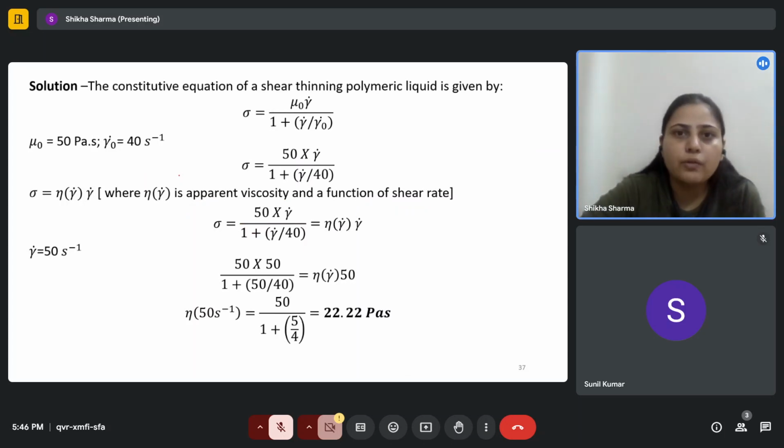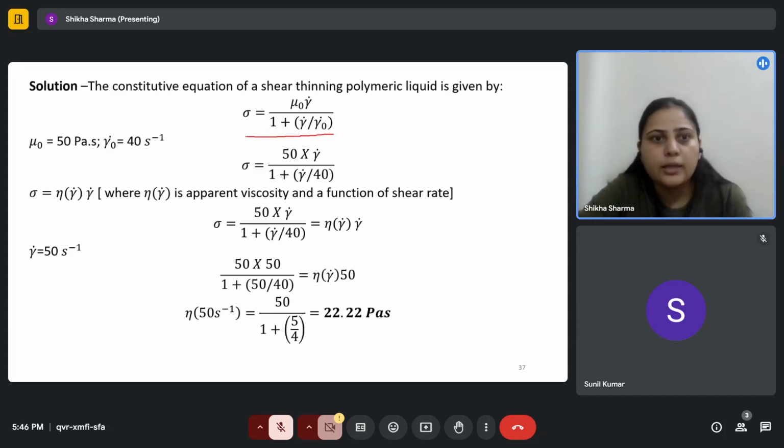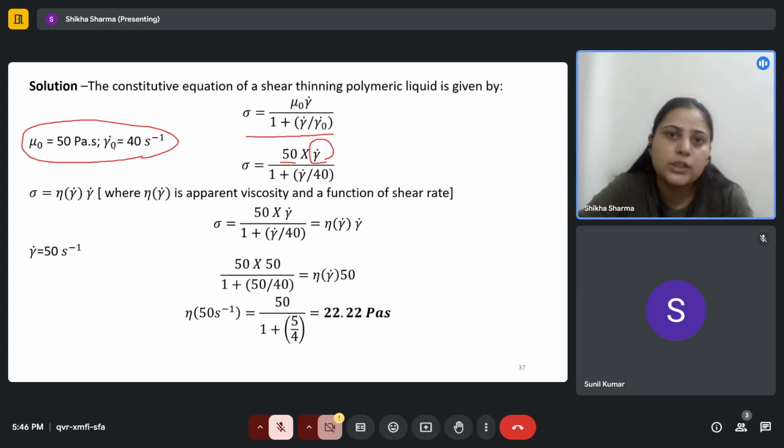So the constitutive equation of a shear thinning polymeric liquid is given as this, right? Where we have some values given in the question. Now we can put mu naught as 50 pascal second. So we put 50 multiplied by shear rate, which is not given yet, divided by 1 plus shear rate divided by shear rate naught, which is 40 second inverse.